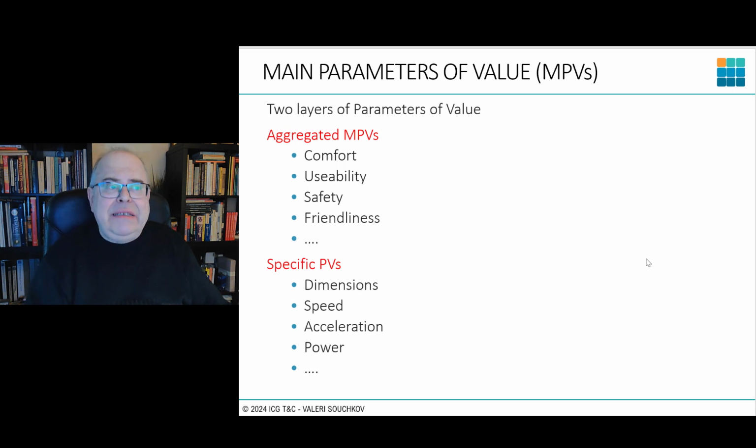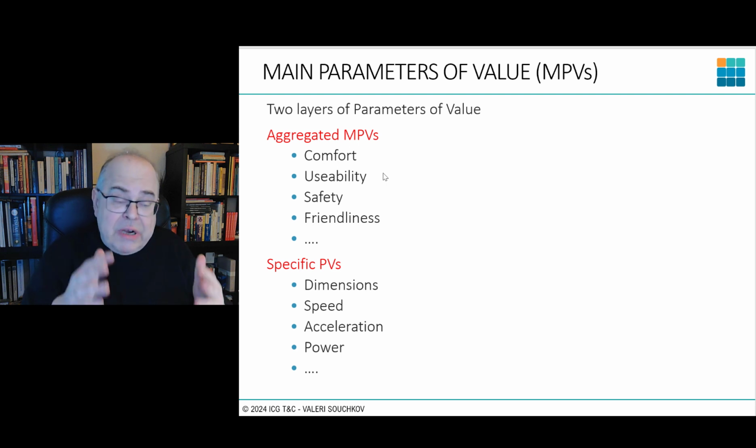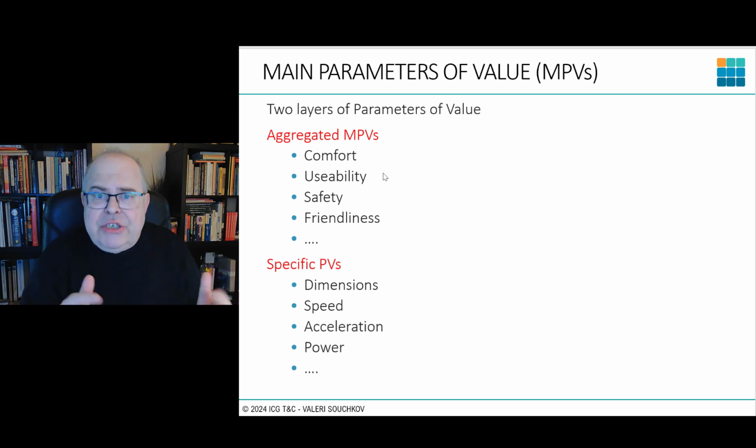First, aggregated MPVs, which are aggregations of many specific parameters of value, which are measurable. And aggregated MPVs are not measurable, but they are very important, and these are parameters on which a consumer or a customer judges when he or she makes a decision to purchase a new product or a new service.